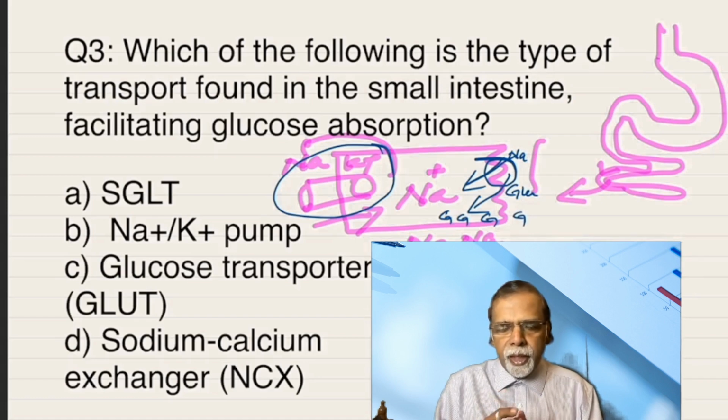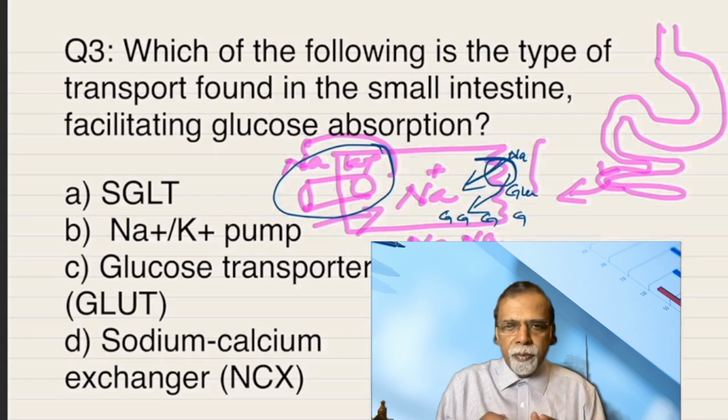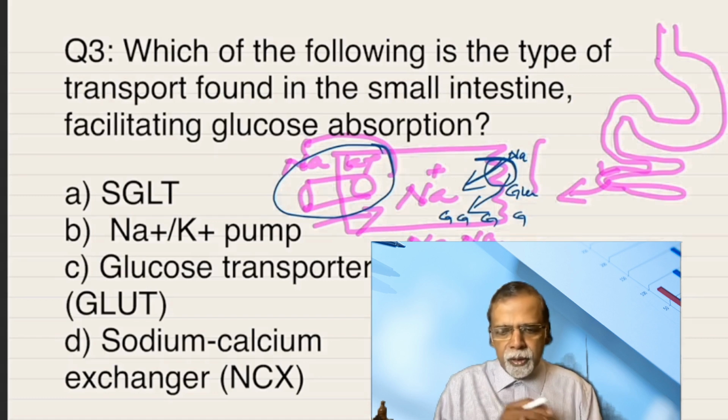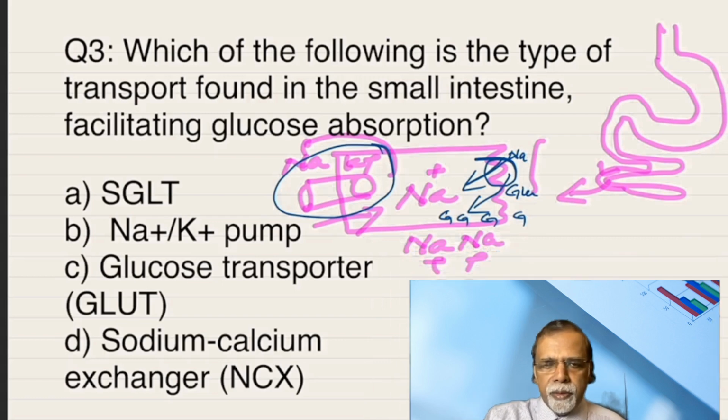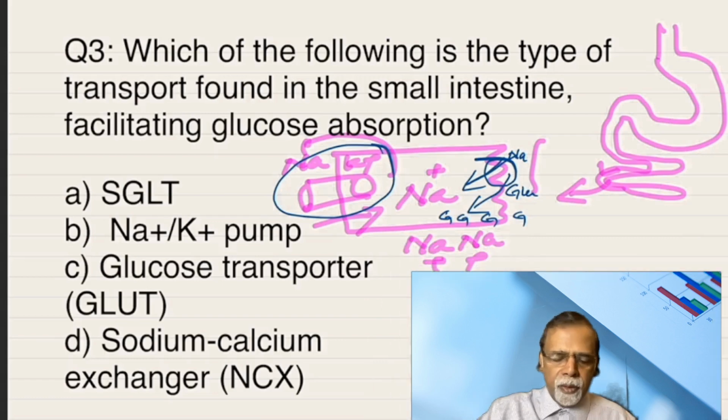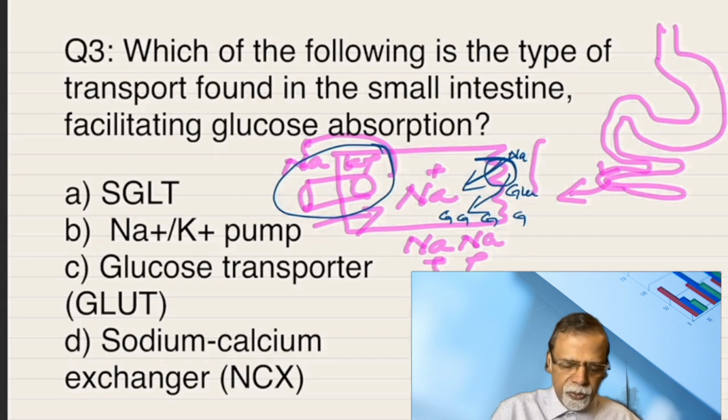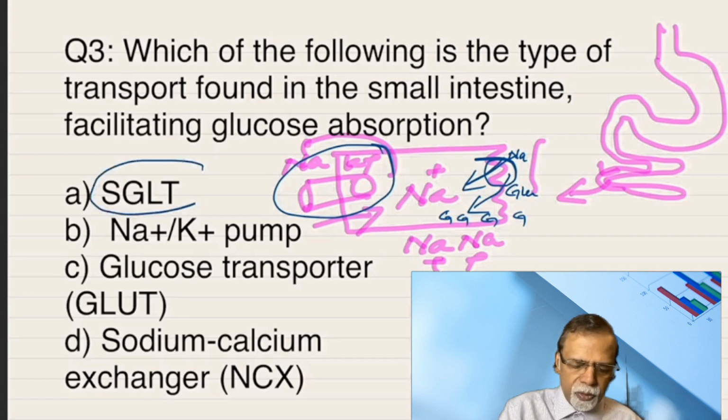So it is again an active transport, but the energy comes from the sodium pump that produces a lower concentration of sodium inside the cell. This sort of transport is called secondary active transport. So the correct answer is the sodium glucose transporter.